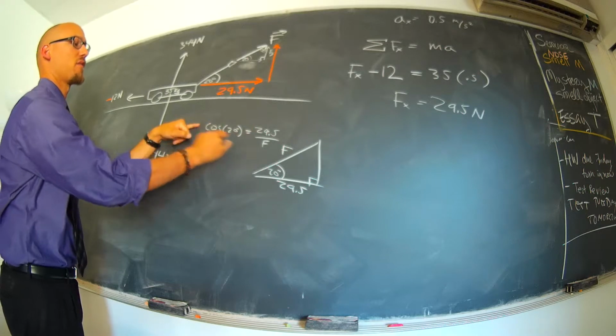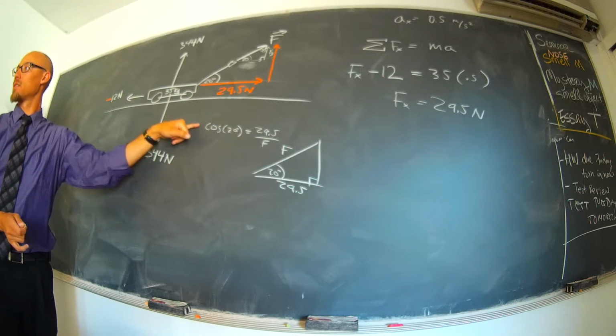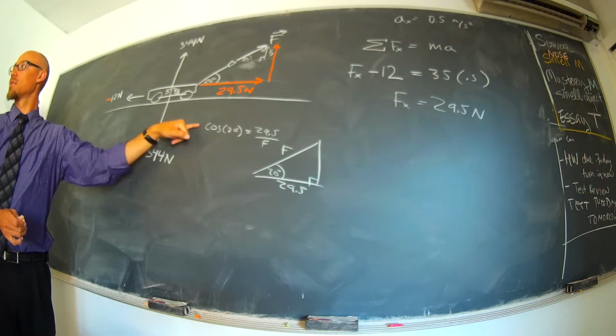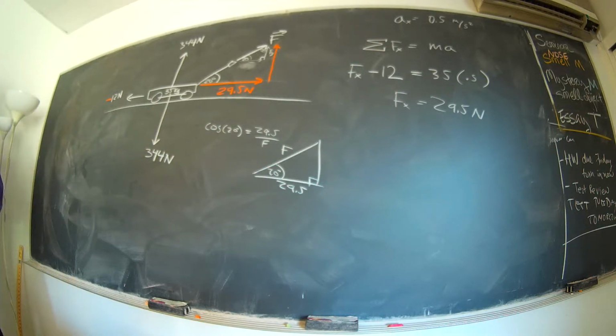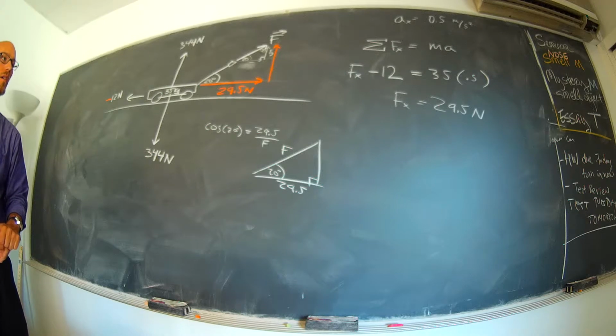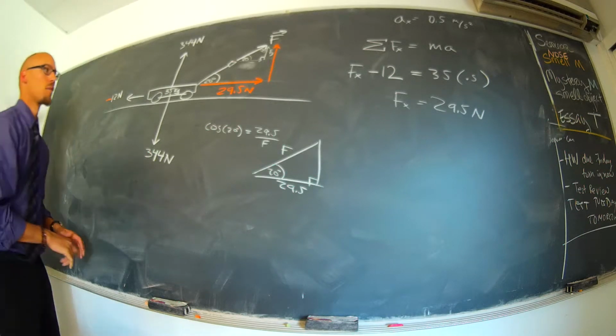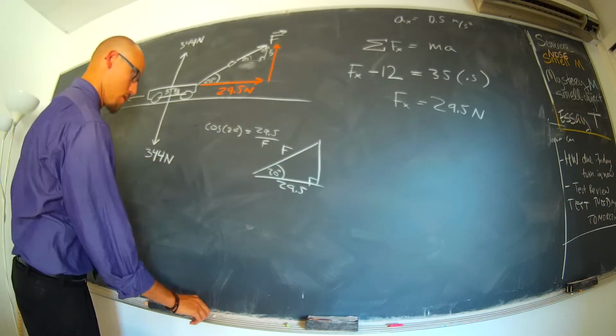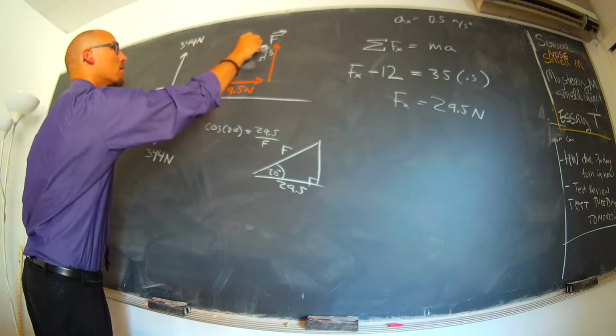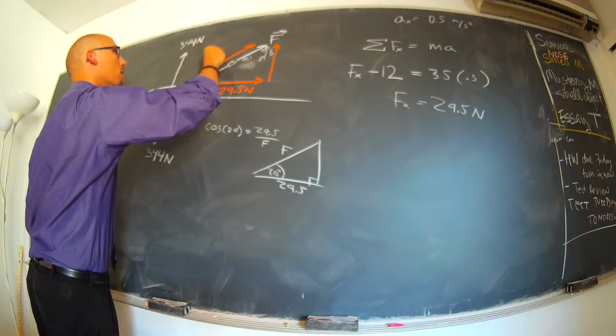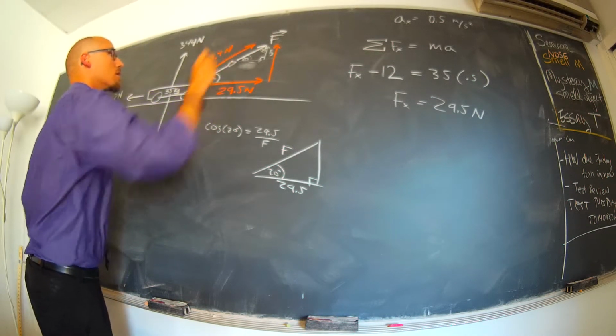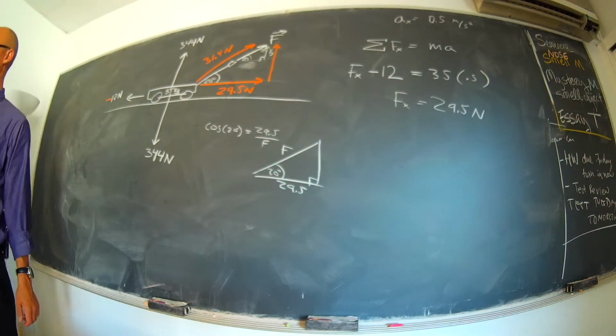So 29.5 divided by cosine 20. Oh, F needs to be the numerator. 31.39. Yeah, I got that too, 31.4. So this force is 31.4 newtons. So that's the pulling force.